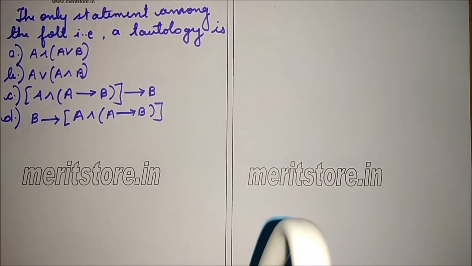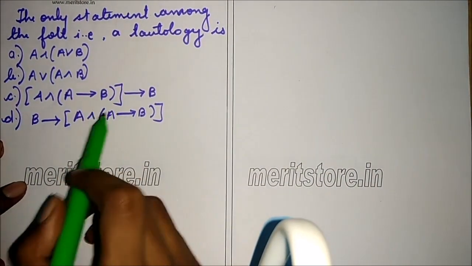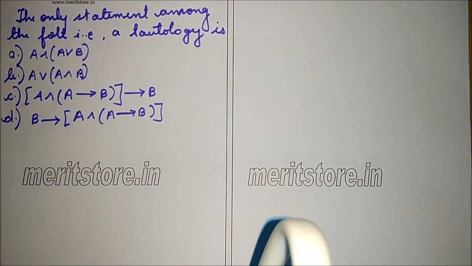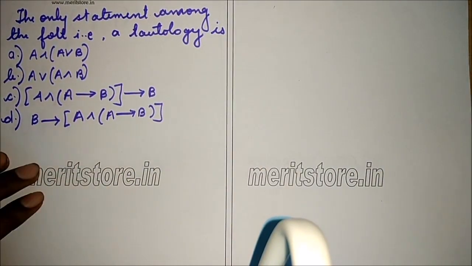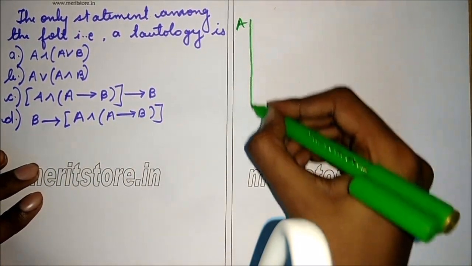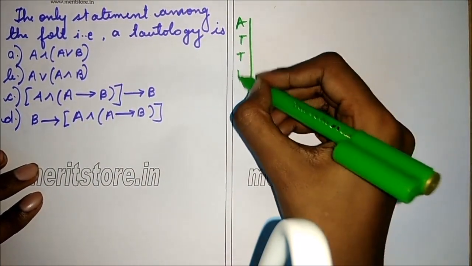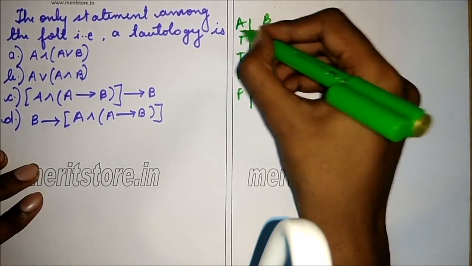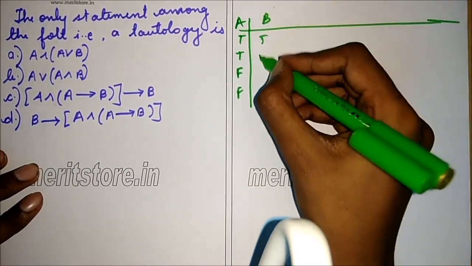The only statement among the following that is a tautology, and we have to find the statement which has all true values. So we'll draw the truth table. A will be TTFF, B is TFTF.